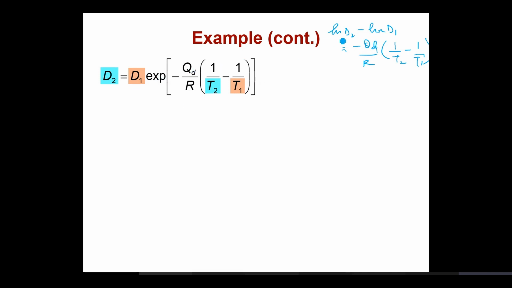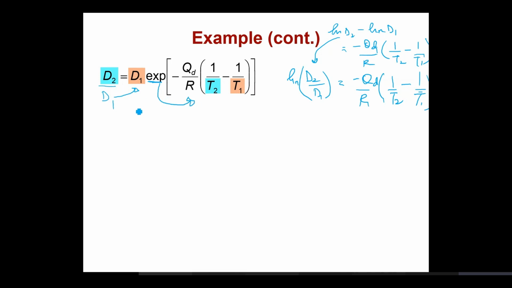So I can write this expression as ln of D2 whole over D1 equals minus QD over R times 1 over T2 minus 1 over T1, and then I can take the exponent on both sides. So this term exponent would come with this expression, and then I can move D1 from over here to the right hand side.